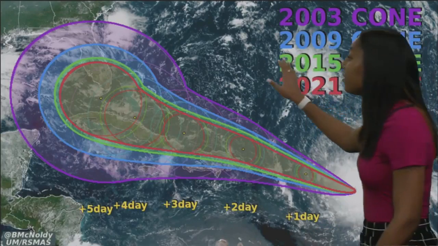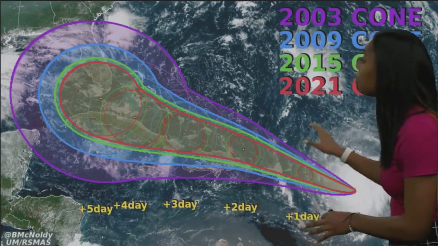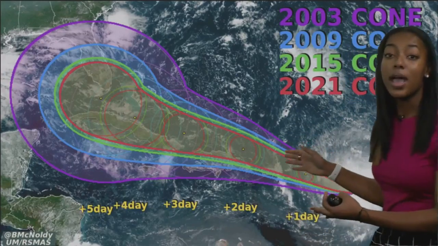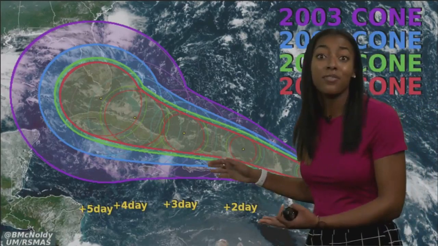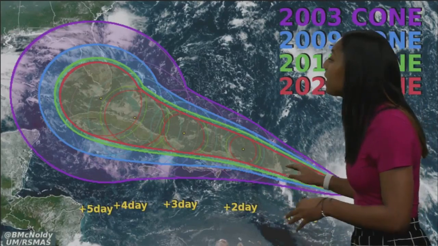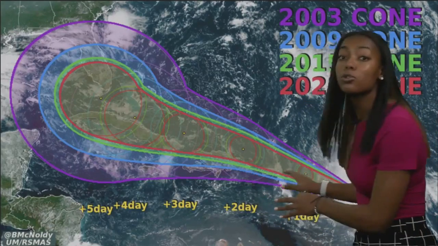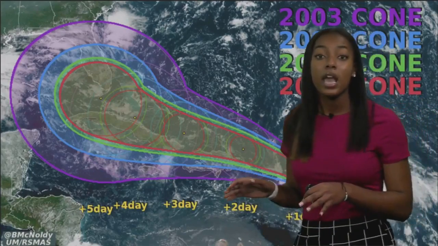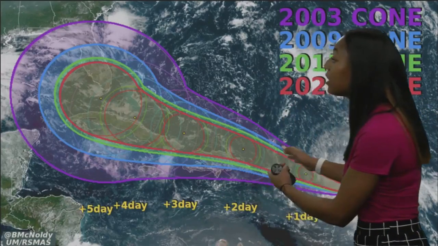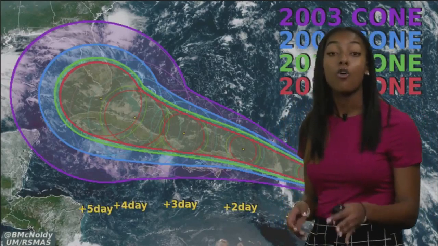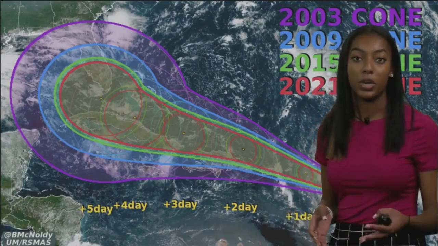From 2003, which is the purple cone, to 2021, the red cone, the size of the cone has shrunk significantly, actually. And that is because of these circles that are within the cone. These circles are what make the cone, and the reason is the size of each of these circles is set to be 2/3 the historic error over a 5-year sample period.